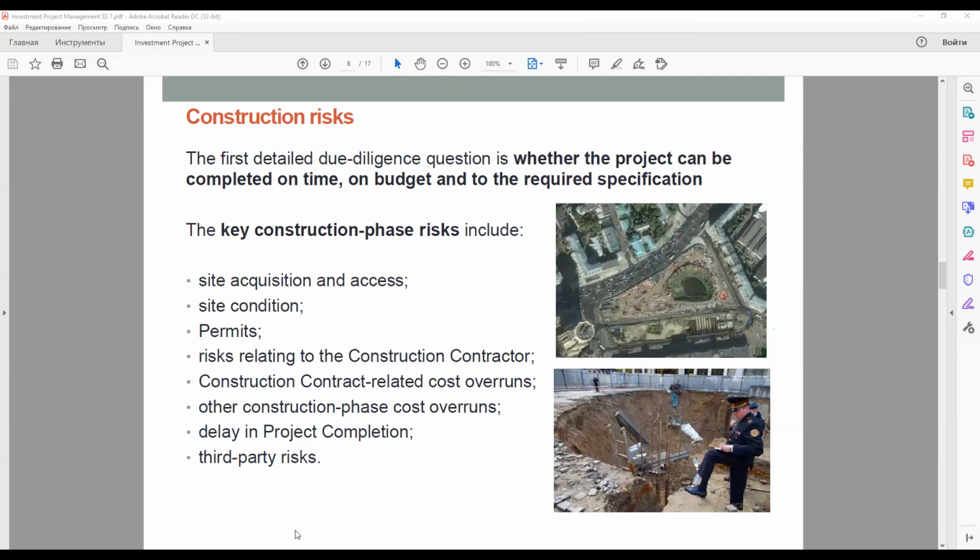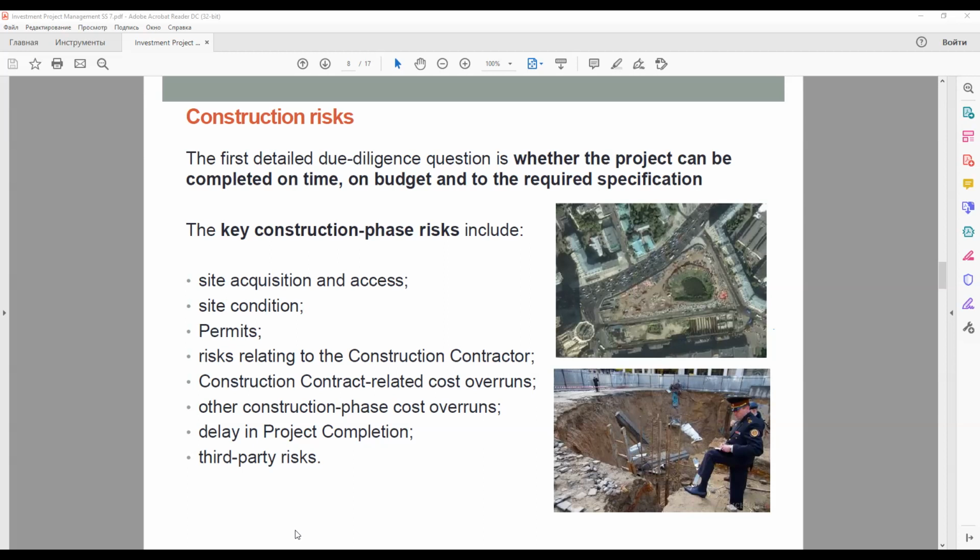And here are examples, again, from the Russian experience and international practice. At the very same shopping mall Oceania on the Kutuzovsky Prospect, there was an accident during construction.